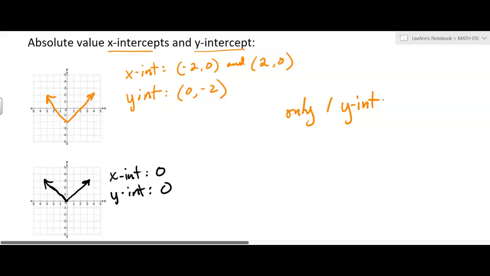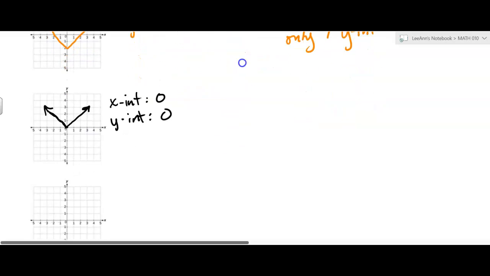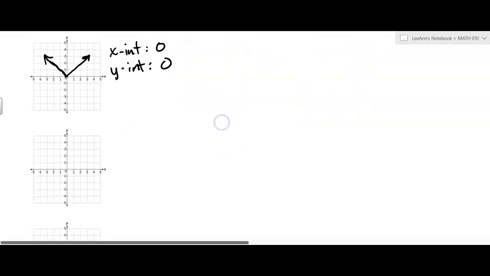Are you always going to have a Y-intercept? Well, let's go down to another piece of graph paper. What if I had a graph way over here, like my V shape? Is that going to have a Y-intercept? Yeah, because there are arrows here, right? It continues on. So yeah, you're going to have a Y-intercept.